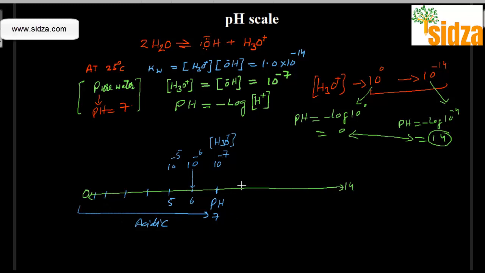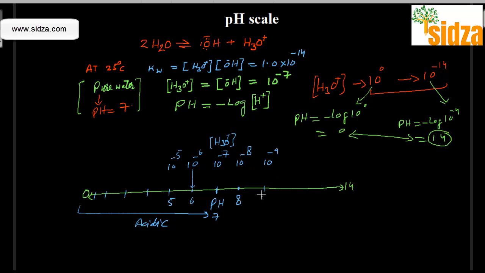The other end of the pH scale will be the solutions where you have a very low H3O positive ion concentration. Like we can take a solution of 10 to the power minus 8, a solution of 10 to the power minus 9, so the concentration of H3O positive ion in the solutions keeps on decreasing. A solution with 10 to the power minus 8 H3O positive ion concentration will have a pH of 8 here, right?